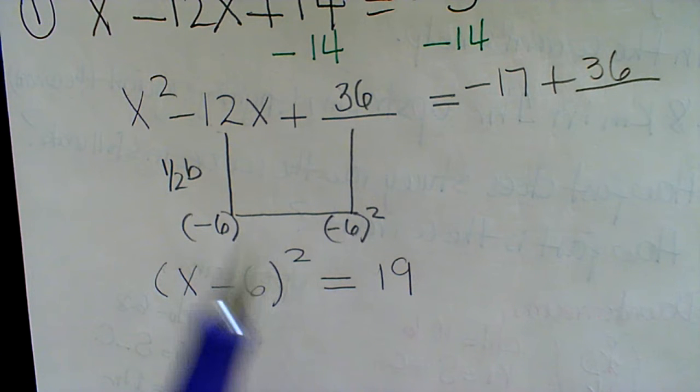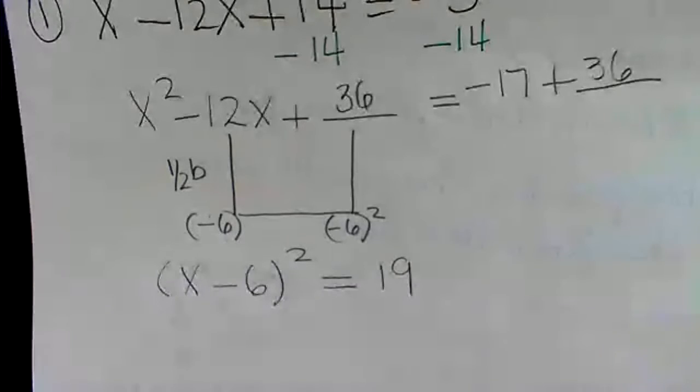This is a perfect square trinomial, where you're always going to have either plus or minus. In this case, it's going to be minus because your half of b was negative.